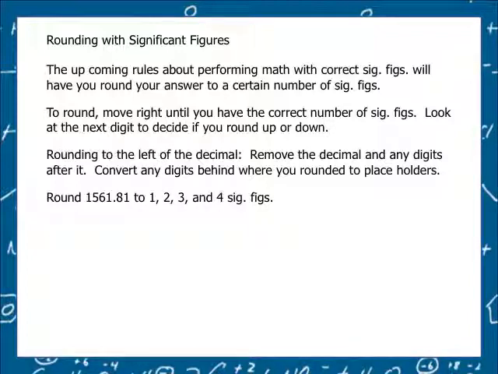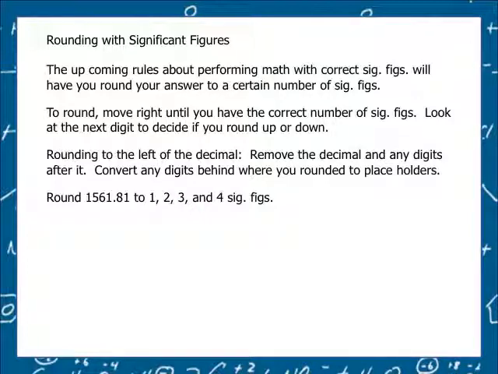So let's say I did a calculation in a lab and my calculator returned this. There aren't any zeros in it, so everything is significant. This number as it's written has 6 significant figures, and we're going to practice rounding it down to a lower number of significant figures: 1, 2, 3, and 4.